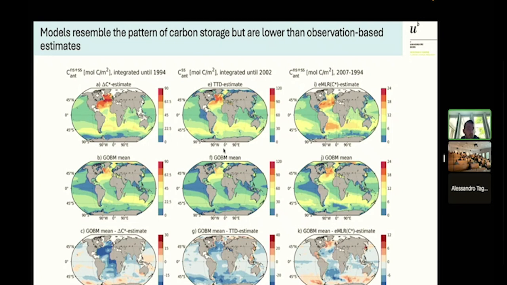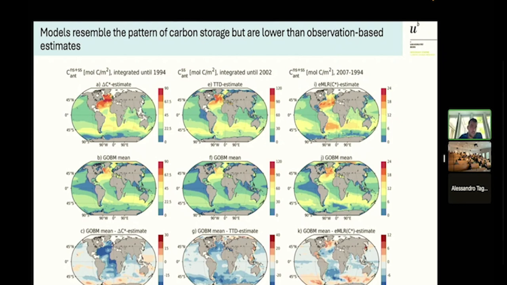Just to show that it's not only the models that differ, so it's hard to say the models underestimate the real storage, it's also the observation-based estimates that still have large uncertainties, and we don't really know which one of these is the best. So it's really hard to say, not only if the models agree with the observations, but if the observation-based estimates agree between each other. So again, the reoccurring scheme from yesterday, once we go to the Southern Ocean, it's hard to tell who's right and who's wrong. But the general idea is the same.